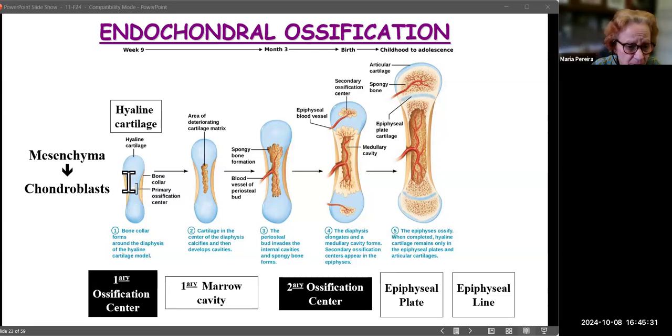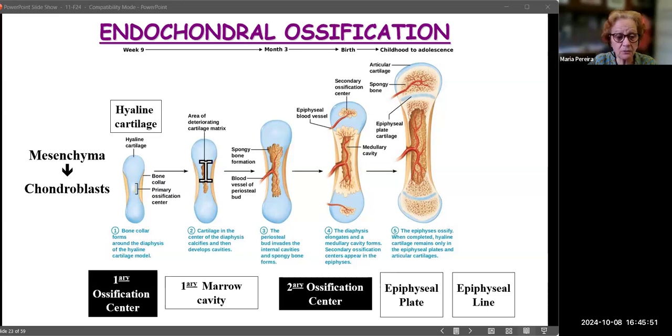So this first primary ossification center starts forming in the middle of this frame, and then some of the bone will be deteriorating, and it starts forming the medullary cavity. So this is the primary marrow cavity.